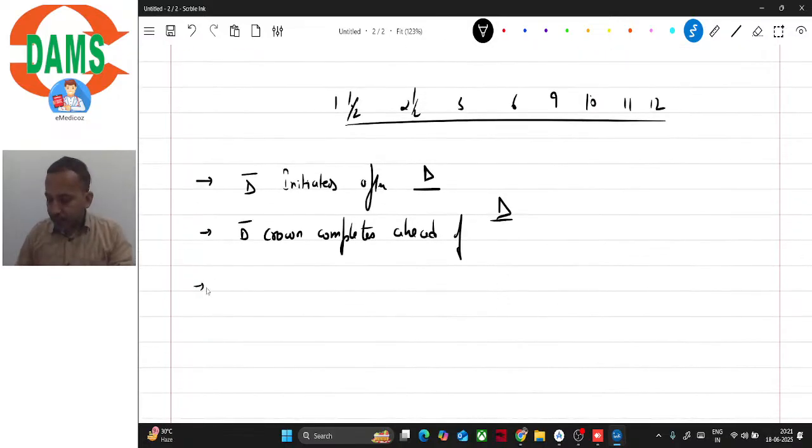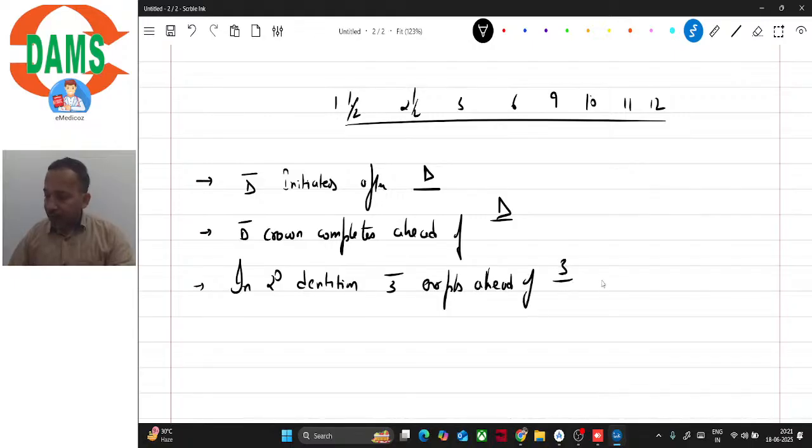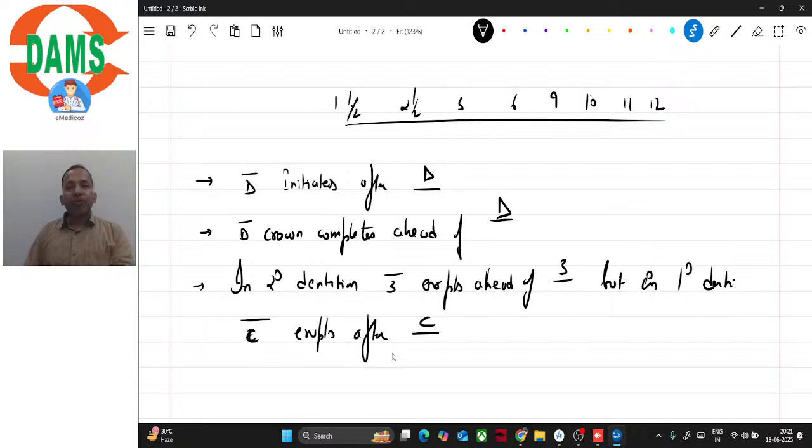We noticed that in permanent dentition, mandibular canine erupts ahead of maxillary canine, but in primary dentition, mandibular canine erupts after maxillary canine. So these are a few of the things that we have noted here, isn't it?